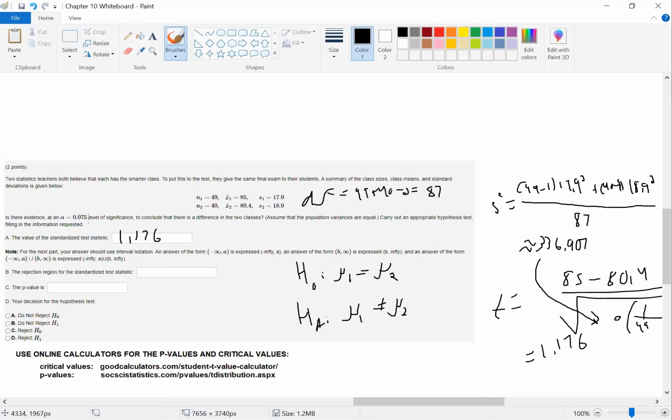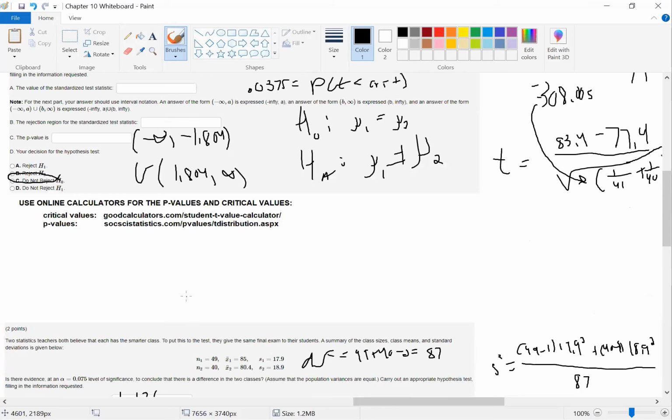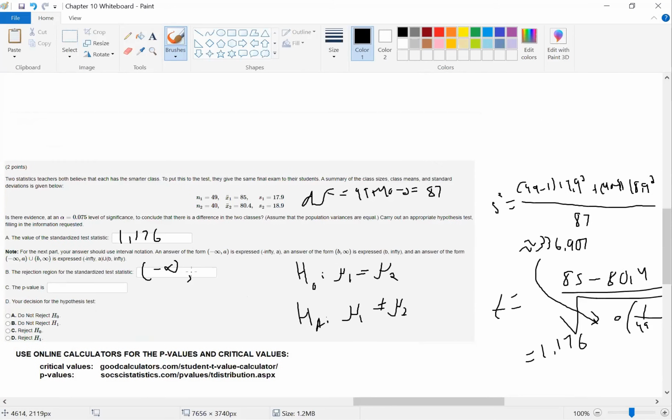Since our alpha is the same, our rejection region is going to be the same as the previous one. So from before, we had negative infinity to negative 1.804, and then the U for union, 1.804 to infinity. Now they want the p-value. So we have 1.176, and our degrees of freedom, I believe, were 87. Significance level doesn't matter.